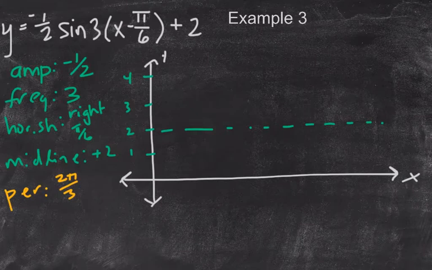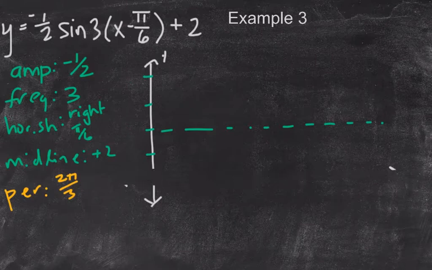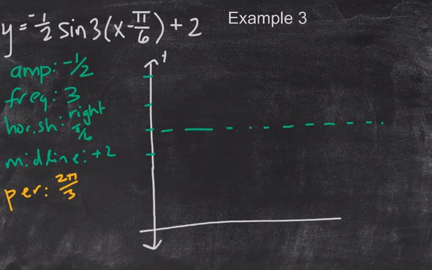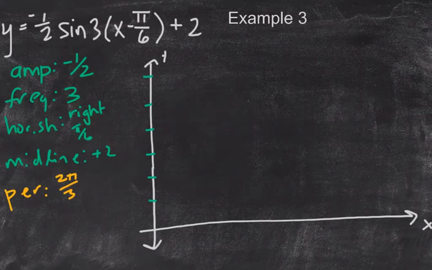Now I'm just realizing that my amplitude is only 1/2, which would mean my maximum value would be right here, which just seems super close to where I'm drawing. So I'm just going to change up my scaling real quick. I'm going to make my y-axis a little bit longer. Put my x-axis right at the bottom, and then I can have a little bit more space. So I'm going to call this 1, 2, and 3.